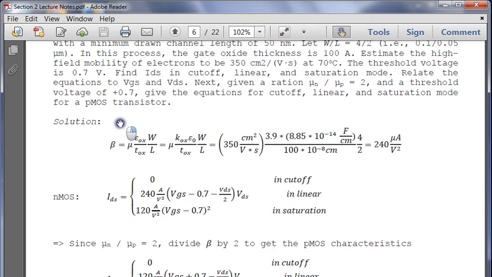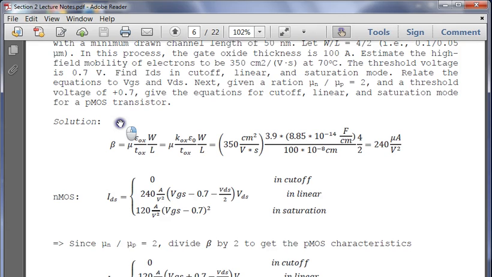So now, we are given the mobility at 350 centimeters squared over volt-second. We already know this one. We are given epsilon OX on your equation sheet as 3.9 times 8.85 times 10 to the negative 14 farads per centimeter.